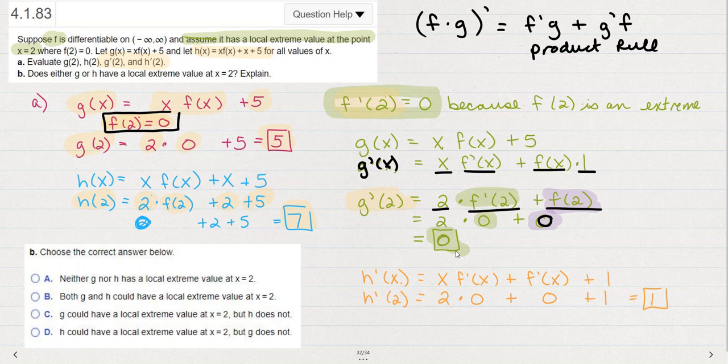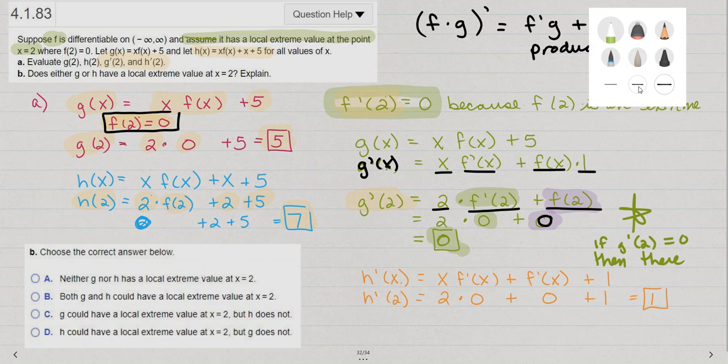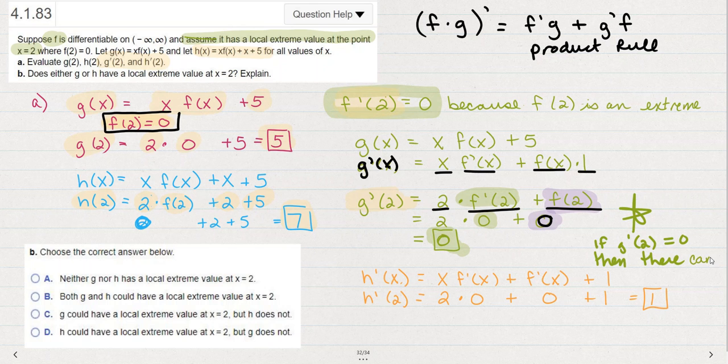What does that tell us? When g prime of 2 equals 0, let me star this, what that tells us is there might be, we're not certain, but there can be an extreme at x equals 2. Because the derivative is 0, that tells us that there could be an extreme there.